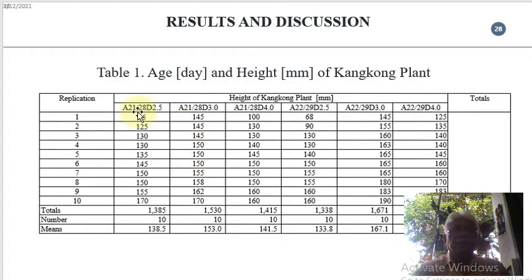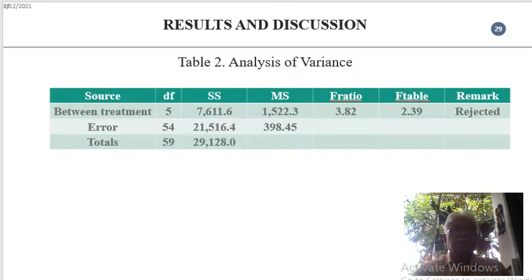This is the data of the height of the kangkung plants and the age of the kangkung plants. We have 6 treatments, and we analyze them using one-way ANOVA. The result of the calculation is: the sum of squares between treatments is 7,611.6, and the degrees of freedom of the treatment is 5.